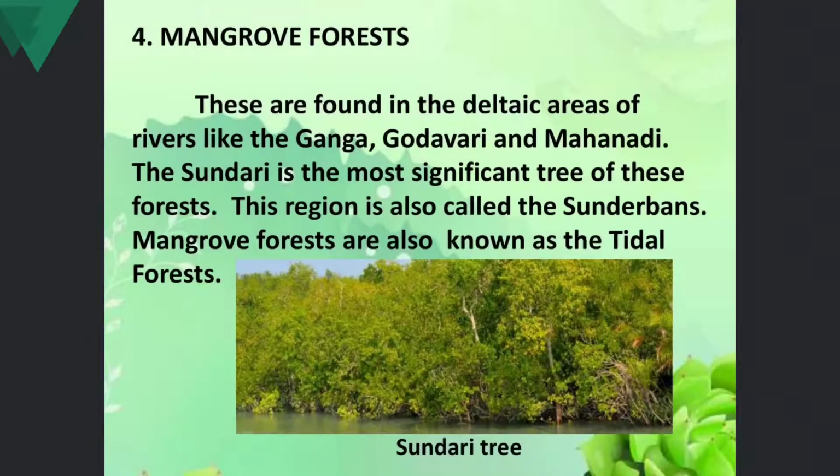Moving ahead with the mangrove forest. These are found in the deltaic areas of rivers like the Ganga, Godavari, and Mahanadi. The Sundari is the most significant tree of these forests, as you can see in the picture. This region is called the Sundarbans.